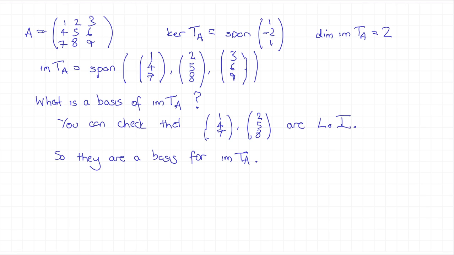You will remember that we had a method for finding a basis for the span of some column vectors, which was to put those column vectors as rows of a matrix and then find the row-reduced echelon form of that matrix, and then the non-zero rows, once they were turned back into column vectors, would be a basis for the span. So that will be an alternative method for finding a basis for the vector space spanned by the columns of our matrix.